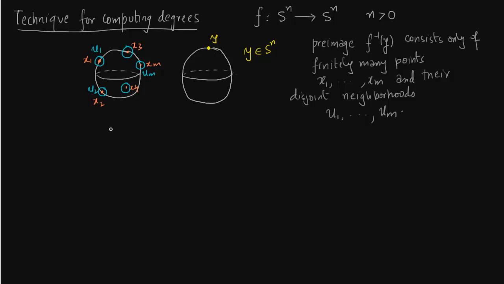Okay, so we have the following thing. f of ui minus xi gets mapped to v minus y, where v is the neighborhood of y. So let us draw v. So this v is the neighborhood of y.